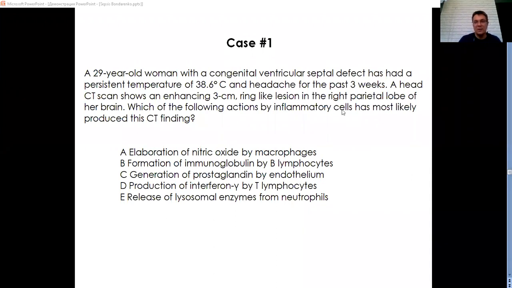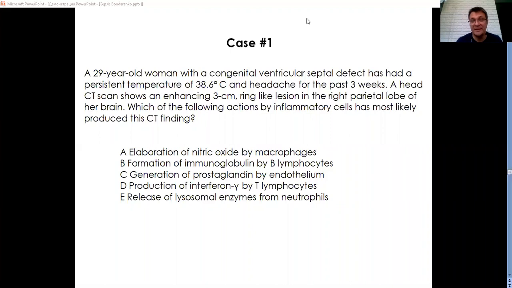Okay, there is the answer from Kushal, that's B. Formation of immunoglobulin by B lymphocytes. I don't think that the congenital ventricular septal defect suggests that it could be associated somehow with that. I already told you that predisposing conditions, different congenital defects of the heart, may lead to the development of infective endocarditis.